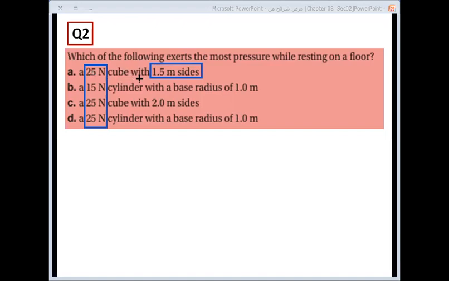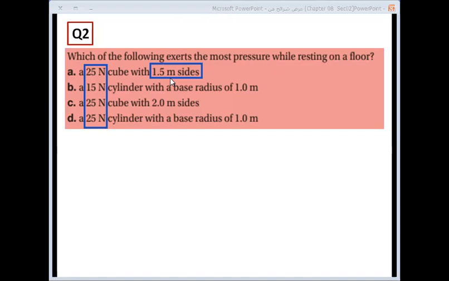The cube has a base of a square. Do you agree with me on this point? Yes. Here he gives us what? He gives us the dimension, only one side of the square. Well, to find the area where the force is acting, we should find the area of this base, which is the square.